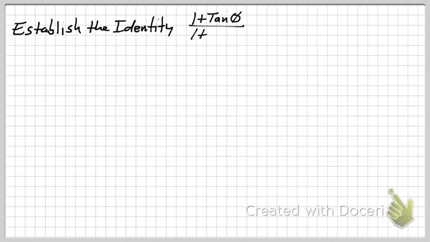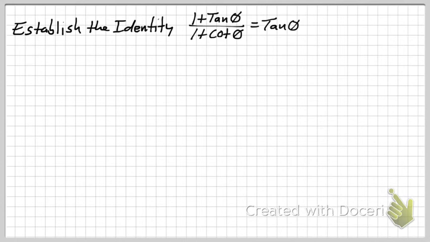Let's get into something just a little bit more complicated. All right, so we're going to establish this identity. Now, what we learned in class today is, look at this denominator. You could even look at the numerator. This is a very good candidate for a conjugate.